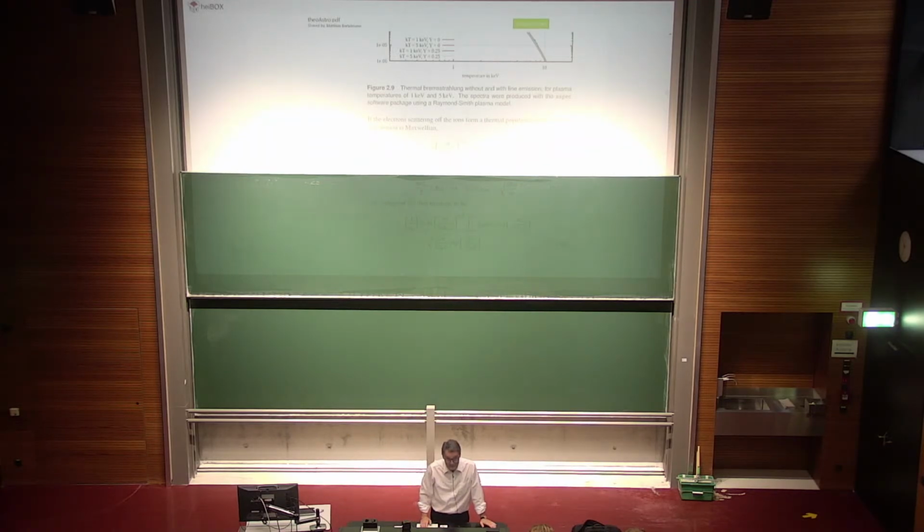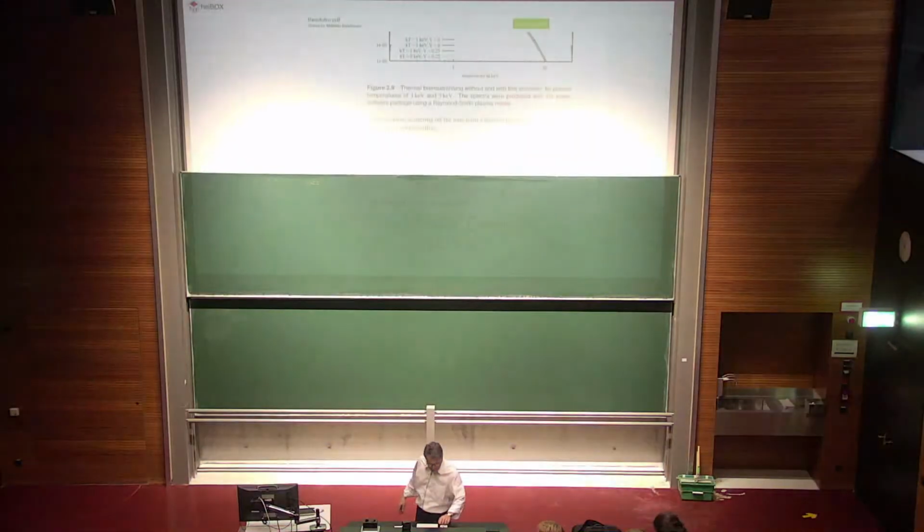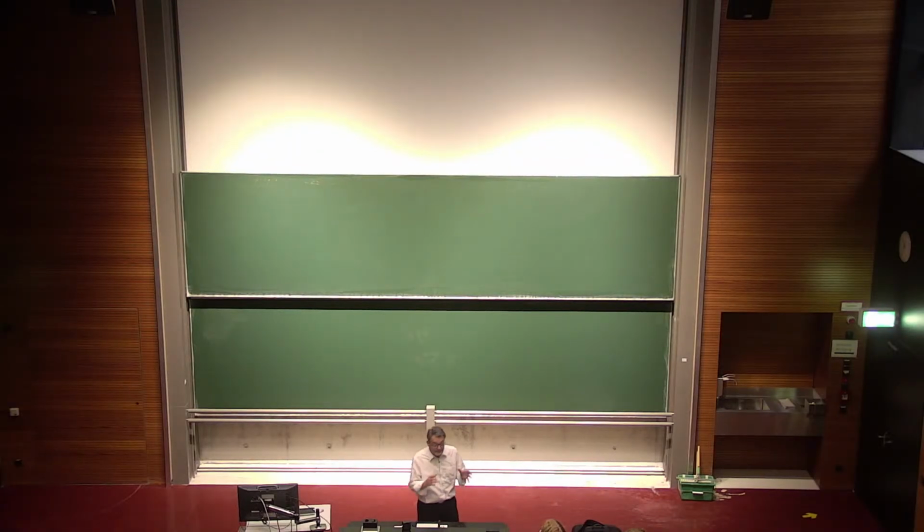All right. Can we move on? Now I would like to consider the following problem. Suppose I have an electron that is running into a thermal distribution of radiation. Is there such a thing? Well, of course.